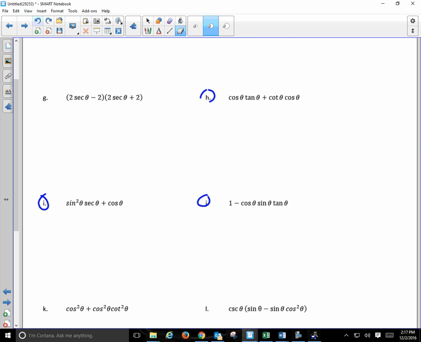Okay, for H, I'm going to rewrite this. I don't see that I have a squared anywhere. I don't really see that factoring something else is going to help. And so I'm going to take my best shot, and I'm going to rewrite this as cosine of theta over 1 times, how do you rewrite tangent? Plus, how do you rewrite cotangent?